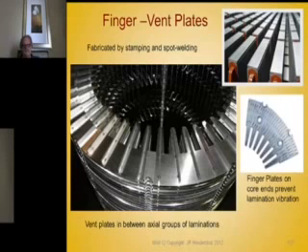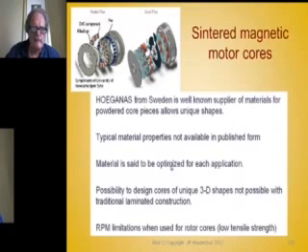Then you have these vent passages through here for the cooling air or gas to go through to cool the cores. That's a plate with little bars spot welded to it, and that's what provides the gap, the space between in the core.